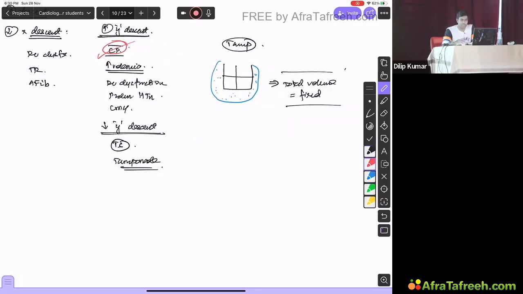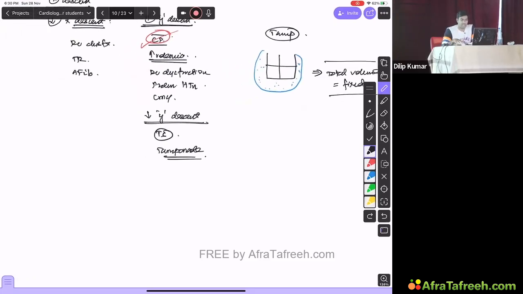Which means for blood to enter the heart, blood should move out of the heart at the same time. Because the volume is fixed, because of the fluid around the heart, the amount of blood that is entering the heart means that at the same time the same amount of blood should go out of the heart. Only then can the blood that is coming in come in the first place.